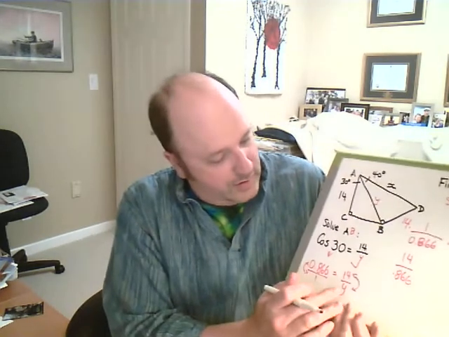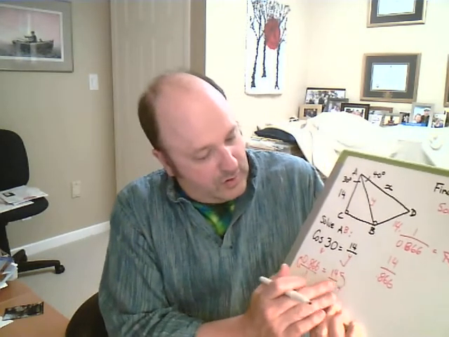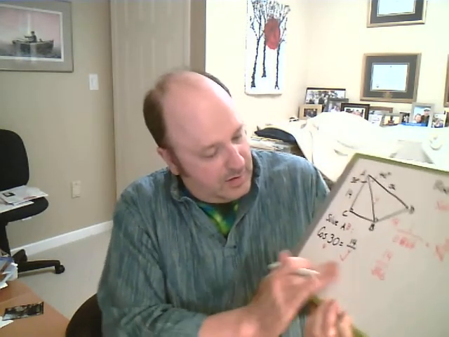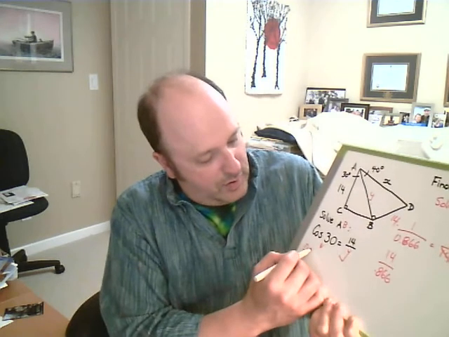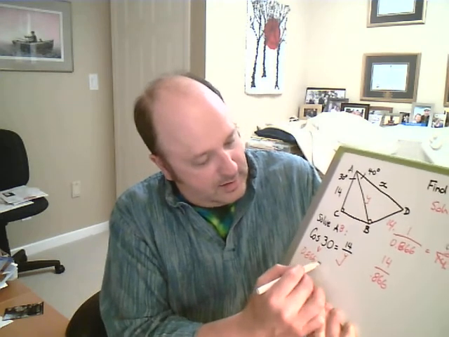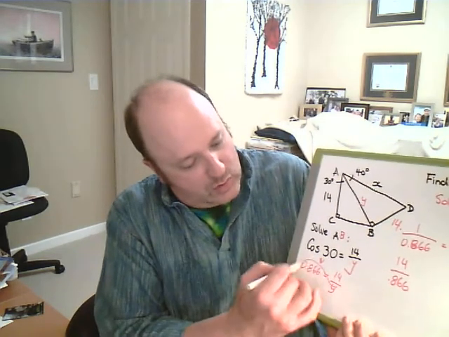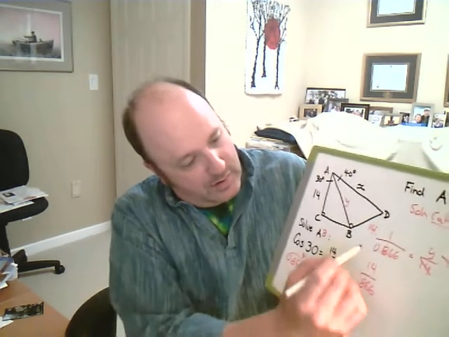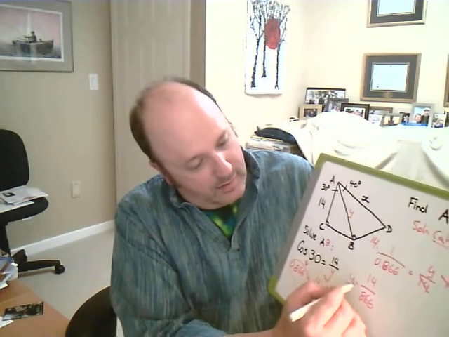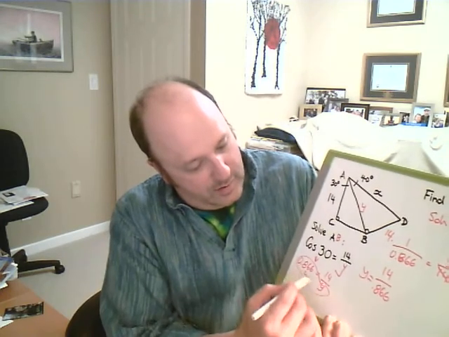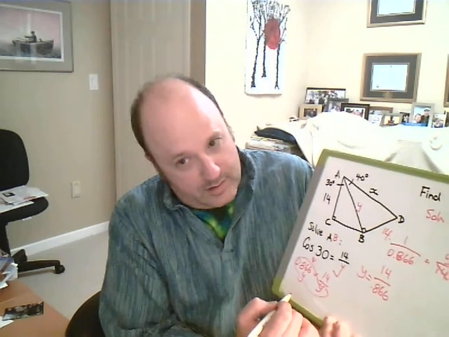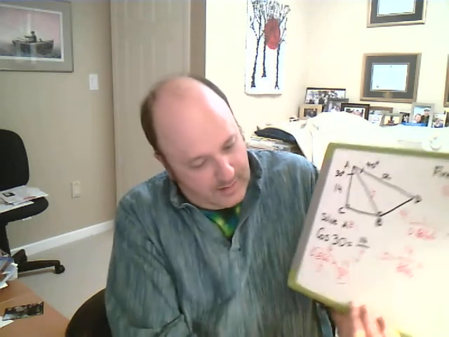Right, that cancels, so I'm left with 14 divided by 0.866. Or, in other words, what you can do is this. See, 0.866 is equal to 14 over y. When you have a situation like this, you can swap these two. And so I get y is equal to 14 over 0.866. So that's that. And I can calculate that.